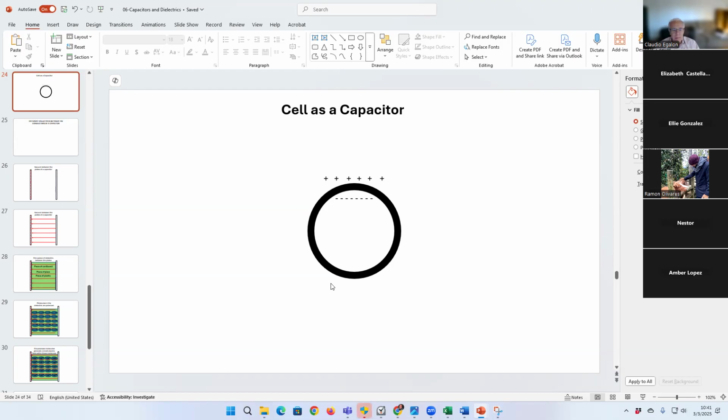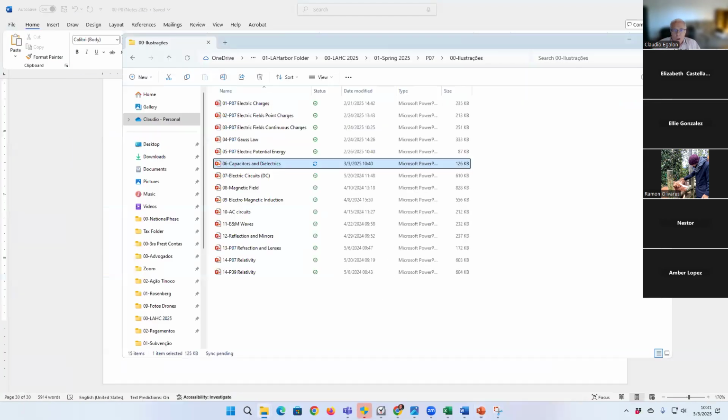And we poor human beings, Mother Nature invented that billions of years ago. We invented that only recently, in the 20th century. Okay, so we have all sorts. Let's write it down.